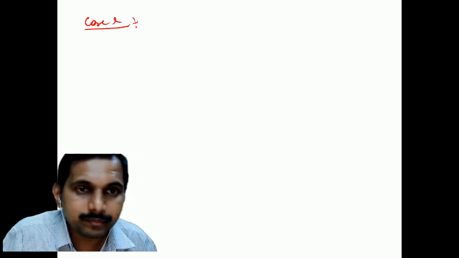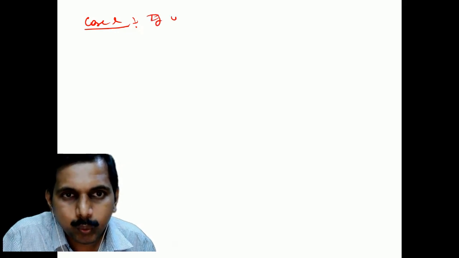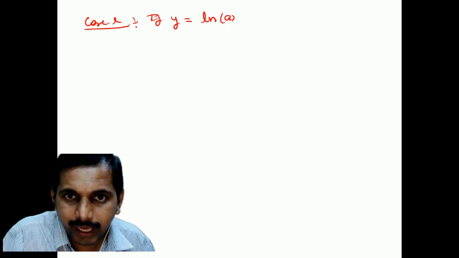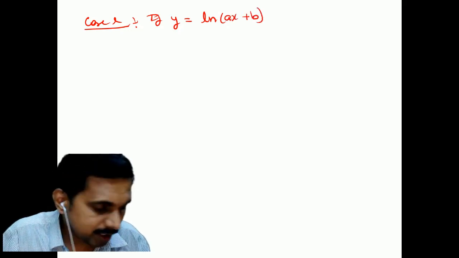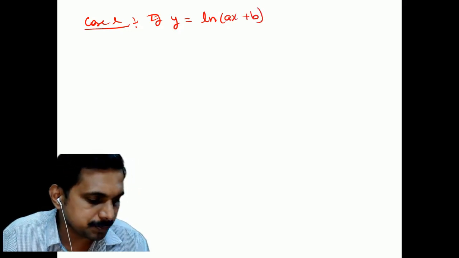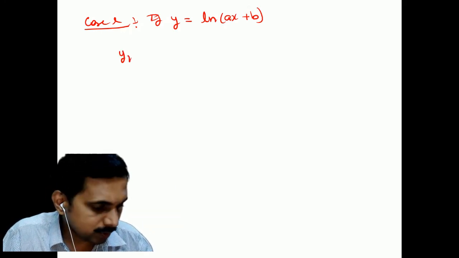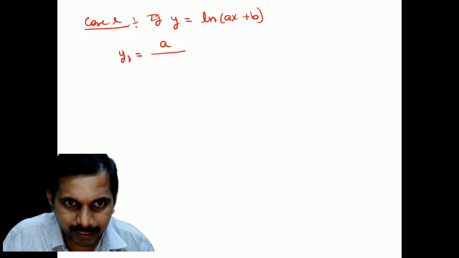Case E would be if y is equal to log of ax plus b. If y is equal to log of ax plus b, then how do we do that? If we do that, y1 would be what, students? It will be a by ax plus b, correct?